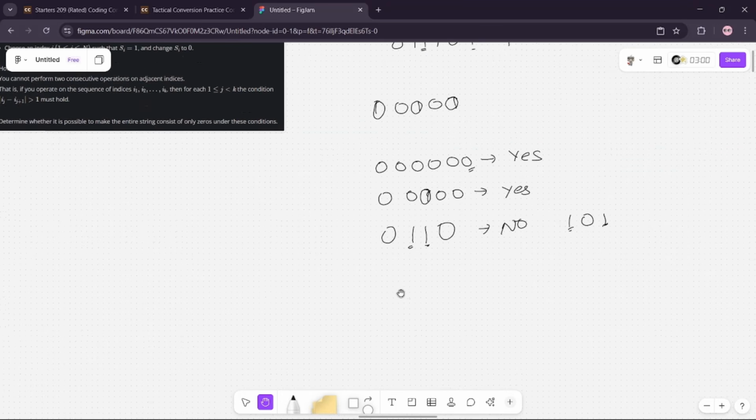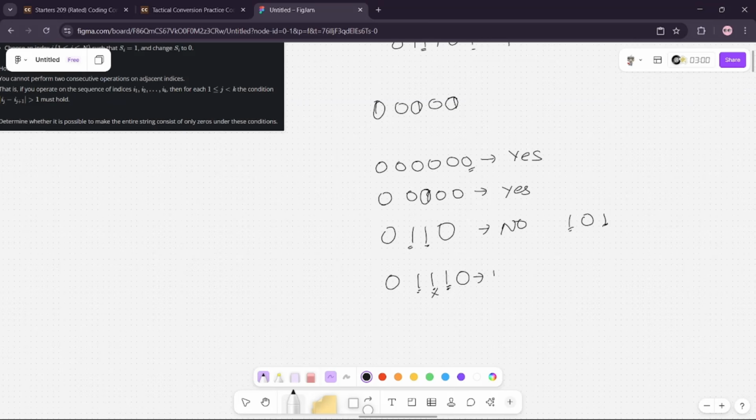Now, if I have three ones, 0, 1, 1, 1, 0, and I convert this one first, then I have a choice to convert this one next. But after converting this into a zero, the only option is to convert this one. Since I've converted this in my previous move, I cannot convert this in my next move.